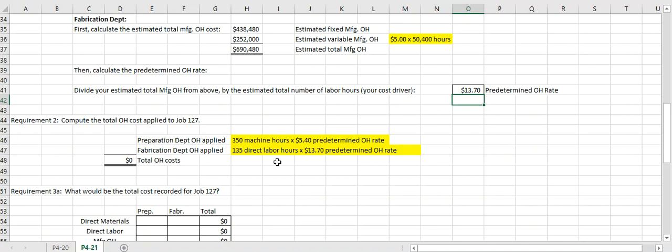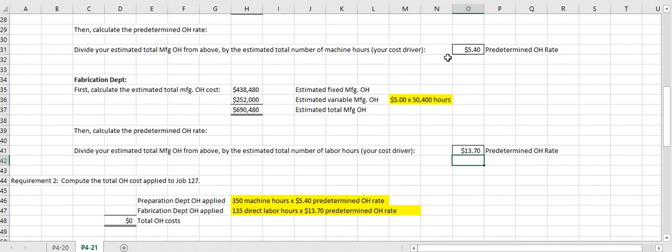So you'll see down here we've got 350 machine hours and 135 direct labor hours, and that's what I'm using in my calculation. I'm going to use those predetermined rates that I just calculated because that's a per hour amount. So here's my $5.40 we calculated up here for preparation, and then my $13.70 here was for fabrication.